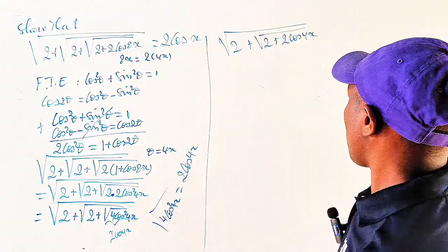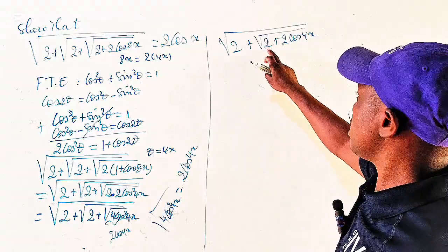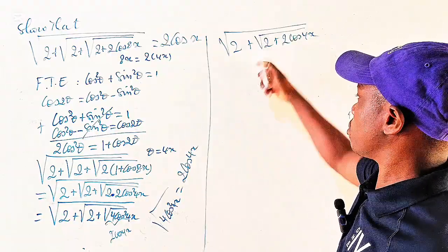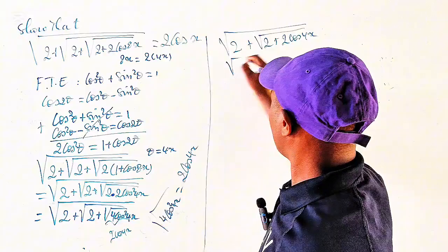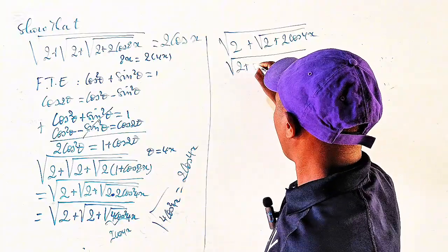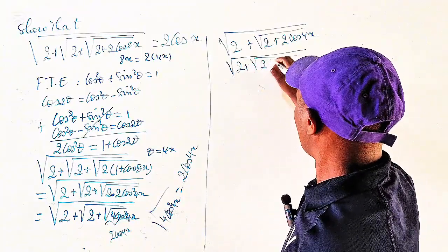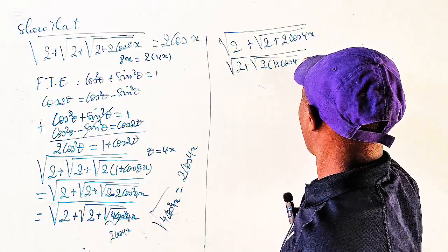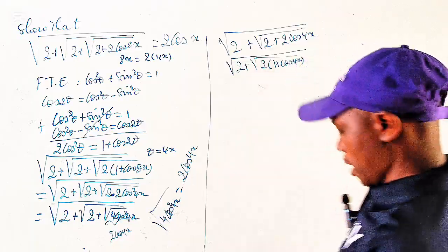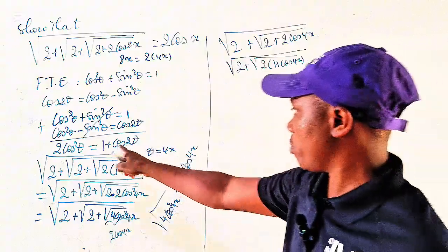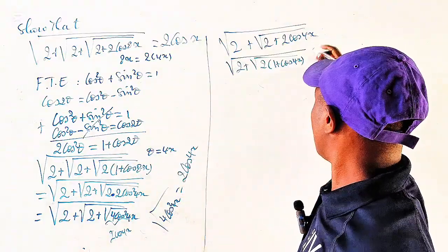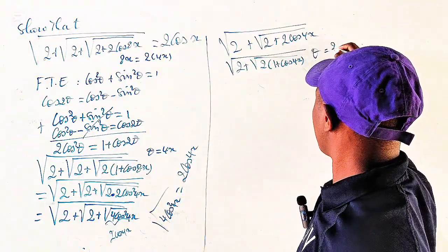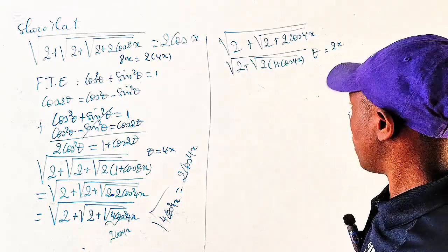What is going to be done here is again to factorize these two. We have the square root of 2 plus the square root of 2 times 1 plus cosine of 4x. It is clear that according to this formula our theta here is 2x.